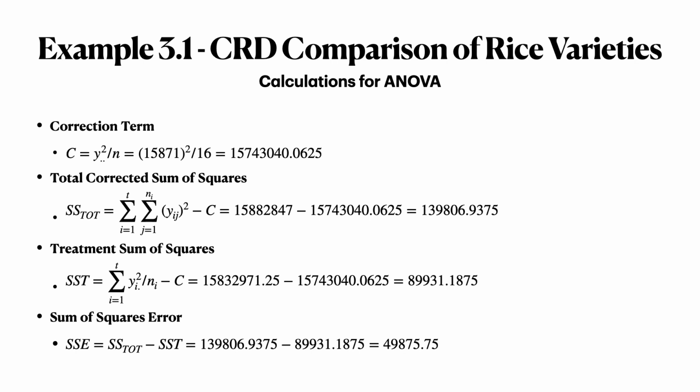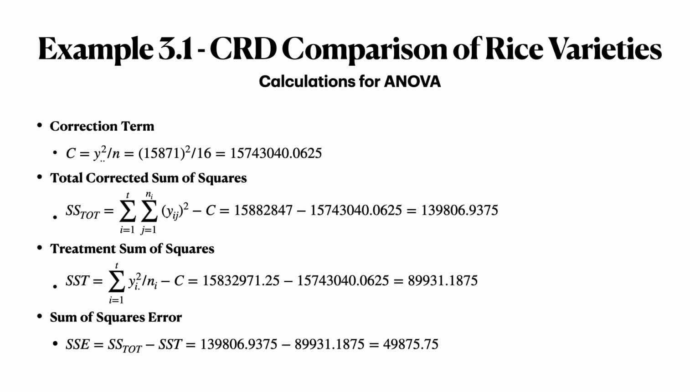And so the correction term is equal to the square of the sum of all the observations in the data set, so y dot dot squared divided by the total sample size, or n. And so the correction term for this data set, for this analysis, is 15,743,040.0625.